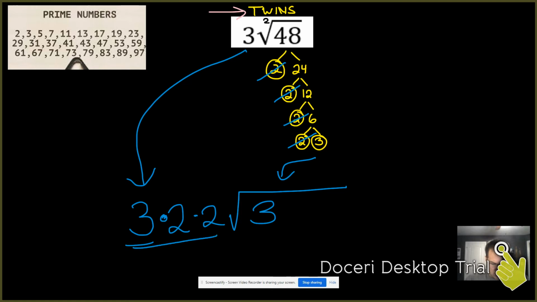This is what we call that calculator. 3 times 2 times 2 is 12. I want you to pause this video, check out mine in the middle, then you do the one on your paper. And then press play again when you're ready for the next set.